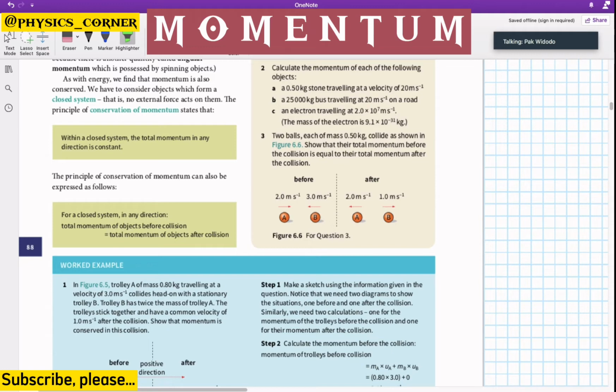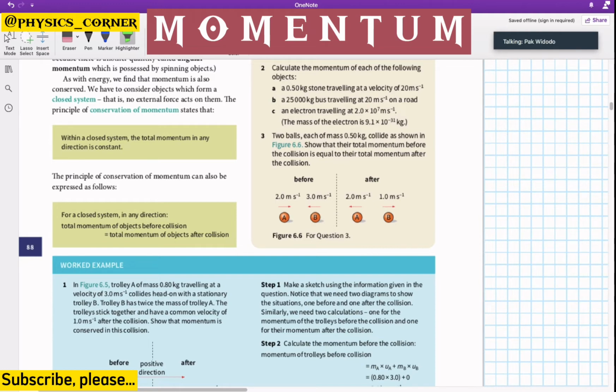Then, this is about collision. Two balls, each of mass 0.50 kilogram, collide as shown in figure 6.6, so that their total momentum before collision is equal.